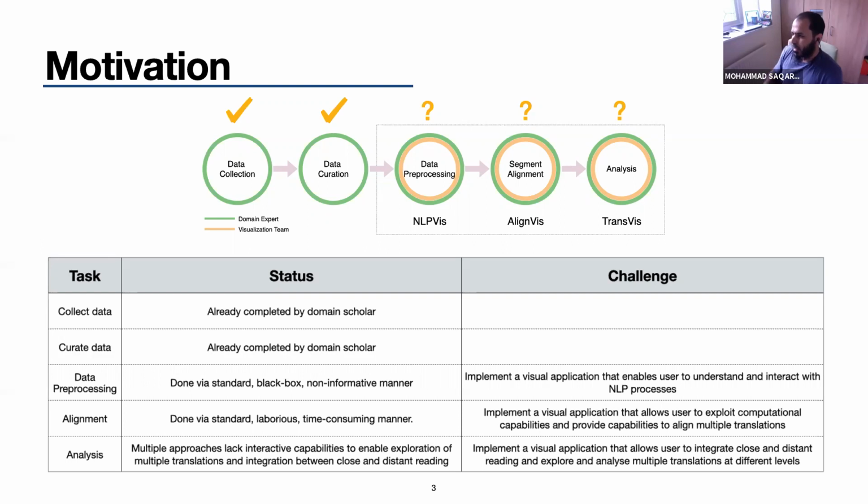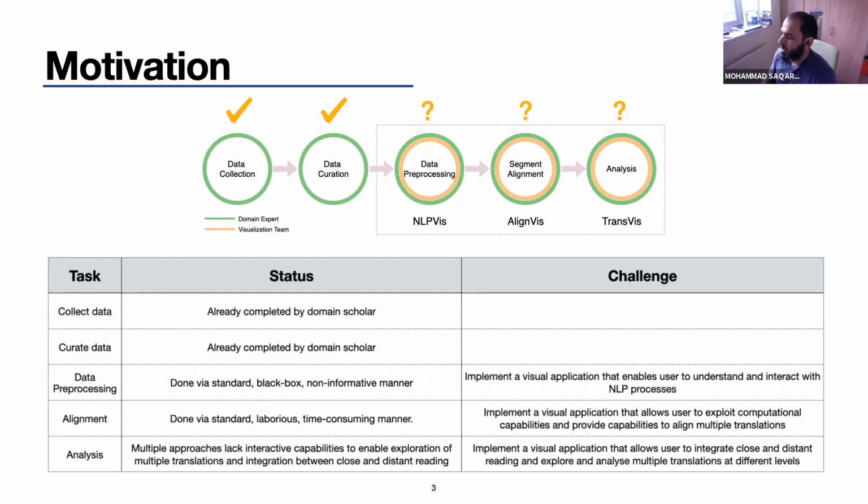So the challenge is now to implement a visual application that allows users to exploit the current computational capabilities and provides capabilities to align multiple translations interactively and visually, and allows the user to intervene in the process.